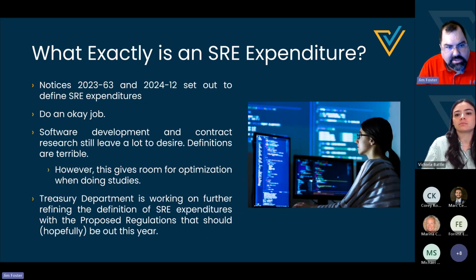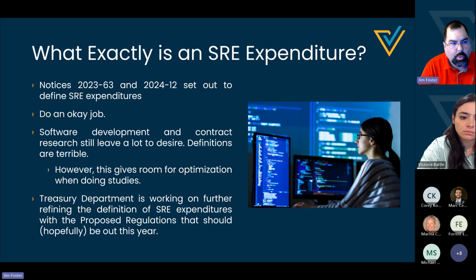Now, there are two notices on the substantive side that set out to define what SRE expenditures are, and I put them up here. They do an okay job. Some things are very well defined. Software development and contract research are not.